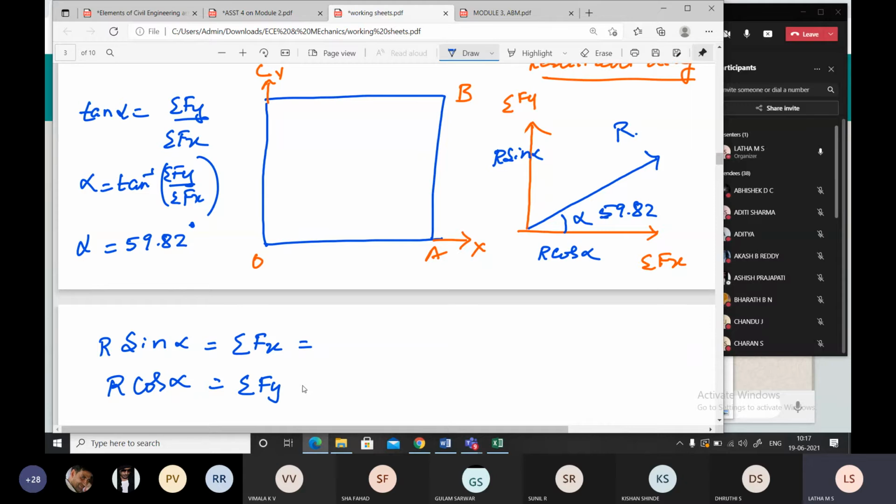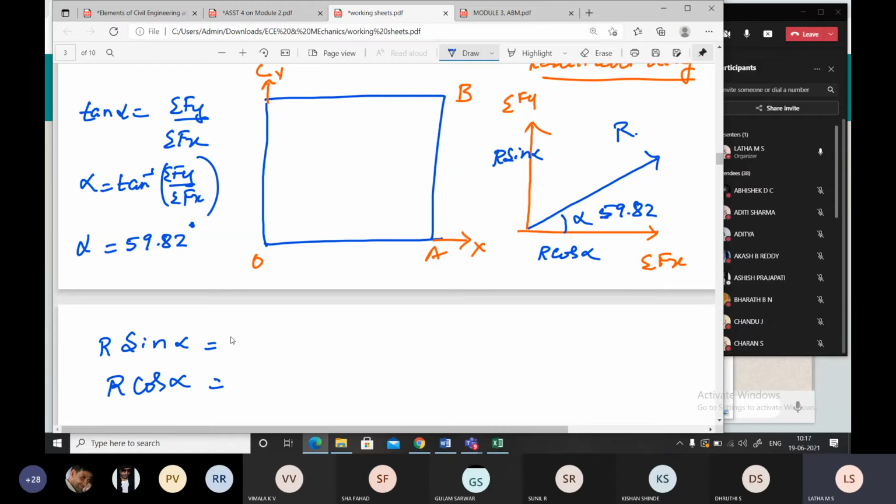Do you get the same answer, students? Give me the value of R sin alpha. When it is confusing, I'll write it. Tell me now, what is R sin alpha?